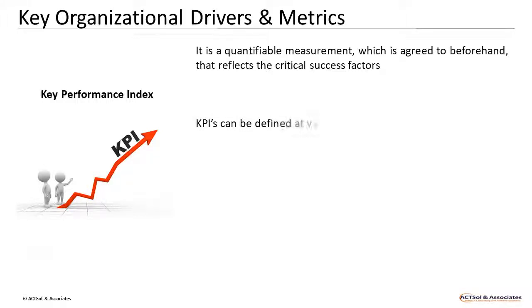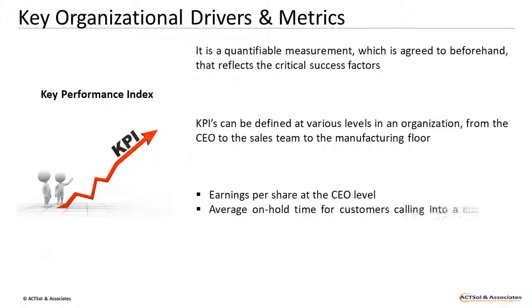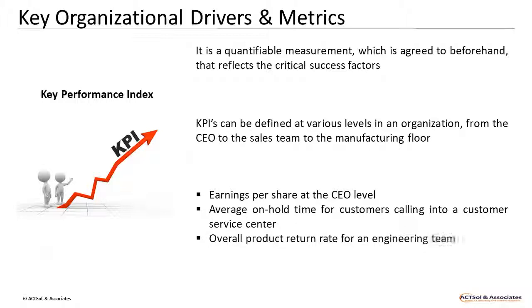KPIs can be defined at various levels in an organization, from the CEO to the sales team to the manufacturing flow. Some examples of KPIs are earnings per share at the CEO level, average on-hold time for customers calling into a customer service center, overall production return rate for an engineering team, and process yield for a manufacturing team.